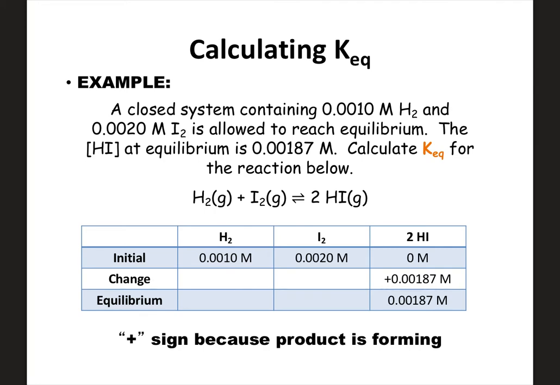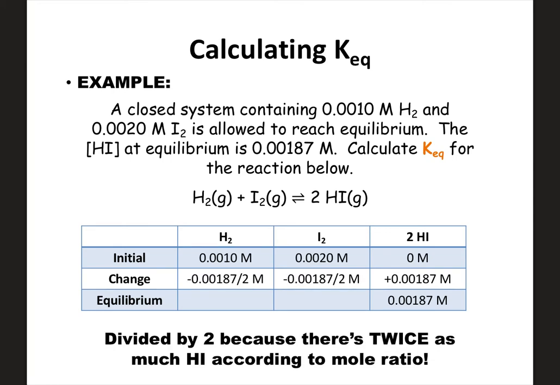But now we need to determine the change for our reactants. We can use the change in HI to figure out the change of the reactants here. If the HI gained that much, we know that the reactants needed to lose that much, but because of the stoich here, because there's twice as much HI forming, they're not going to lose that exact amount.